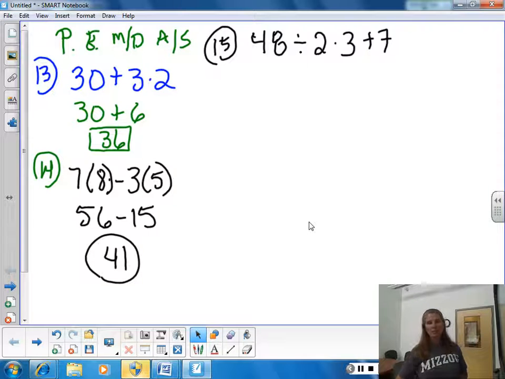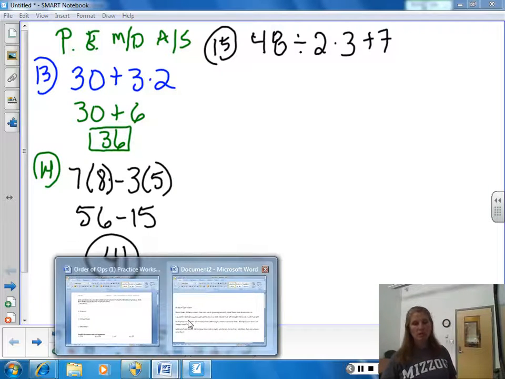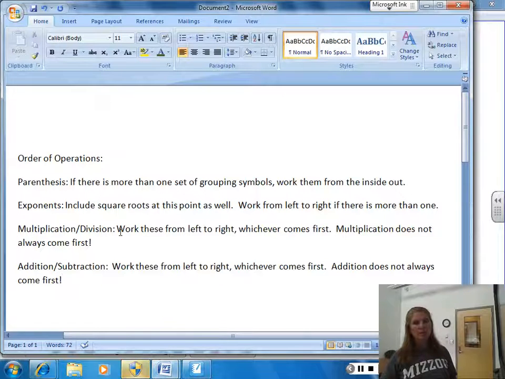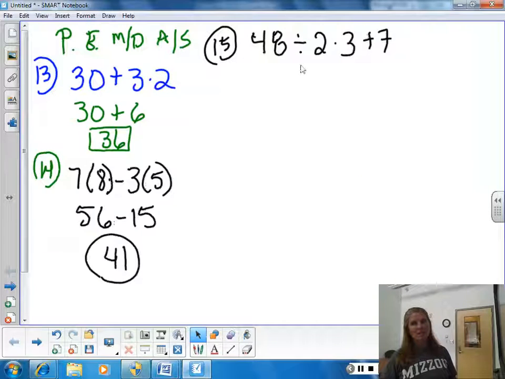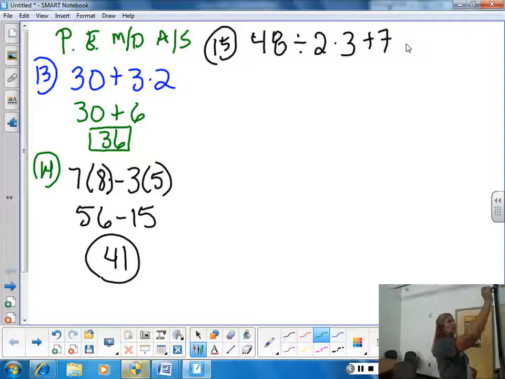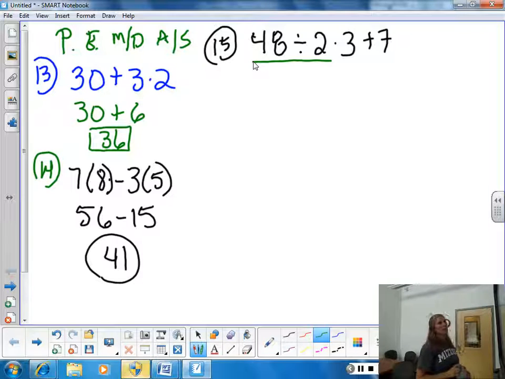Think back to those rules of order of operations that we had up earlier. Multiply and divide, work these from left to right, whichever comes first. In this case, multiplication does not come first. If you look left to right, it's division, then multiply, and of course addition is going to happen after those two anyway. So I'm going to do this, 48 divided by 2, and that's going to give me 24.